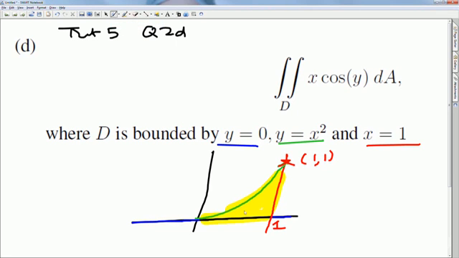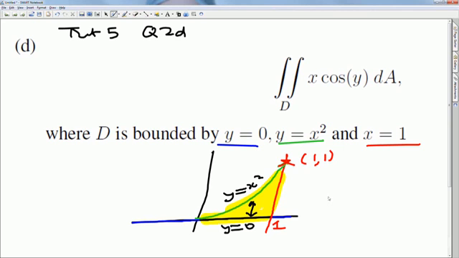So we can consider this region in two different ways. We can either consider it vertically or horizontally. Since we have the top curve as y equals x squared and the bottom curve y equals 0, it makes sense to do it vertically, just because that's how things are more naturally written down.